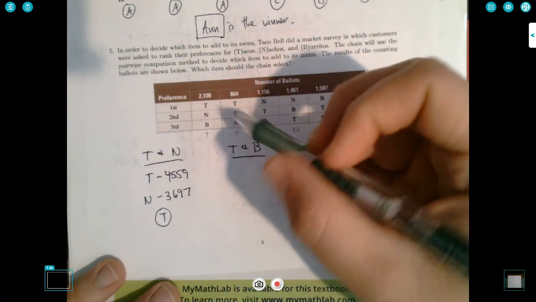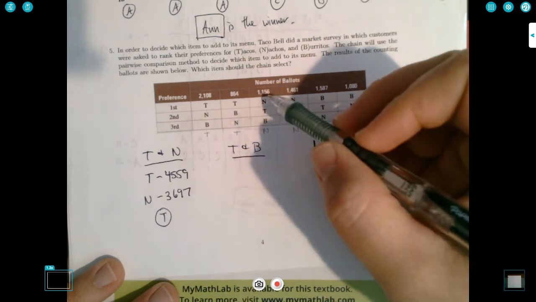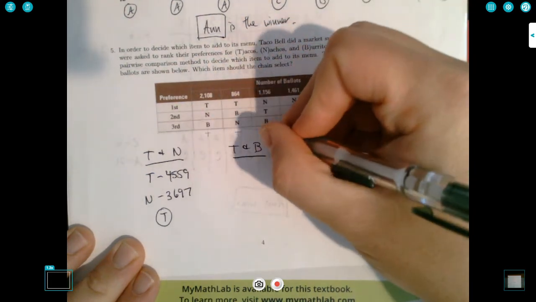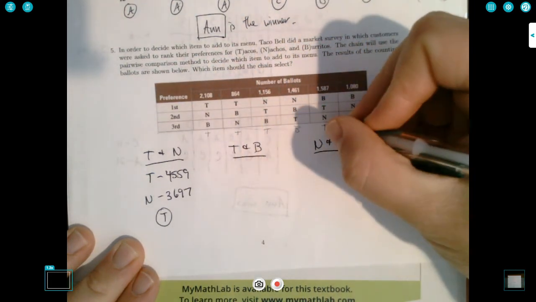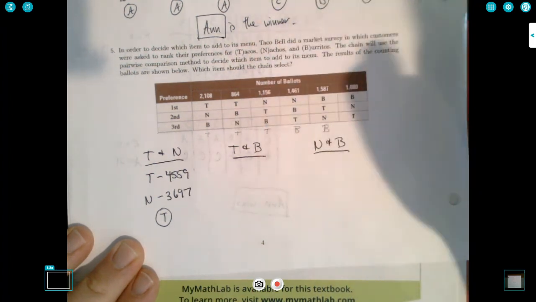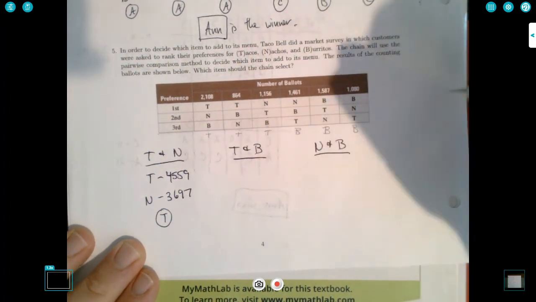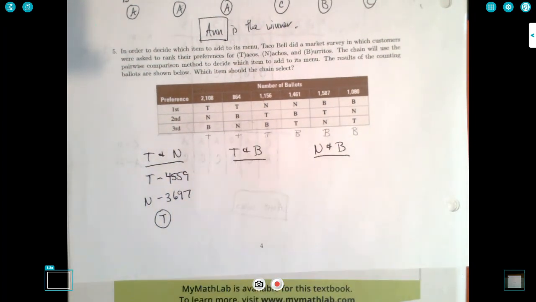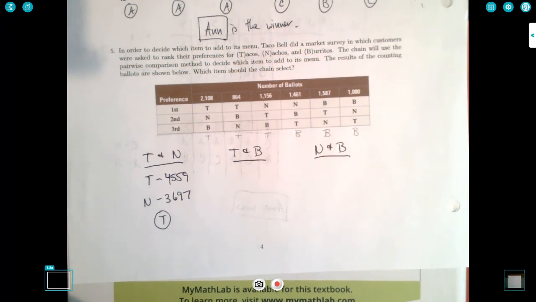What if we compare tacos and burritos? So here, tacos would get it, tacos would get it, tacos would get it. Burritos would get this one, and burritos would get this one. So tacos win the first three, burritos win the last three. Let's see. So how many votes does tacos get? They get 2,108 plus 864 plus 1,156.